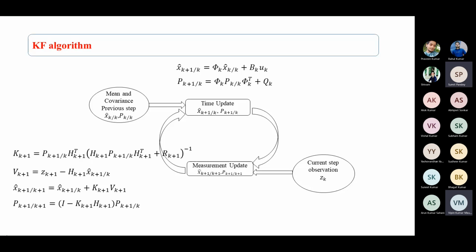K plus 1 means we are talking about the values at k plus 1. If it is slash k, it means it has used the observations at k, meaning previous observations. If it is k plus 1 by k plus 1, it means values at k plus 1 using observations at k plus 1.